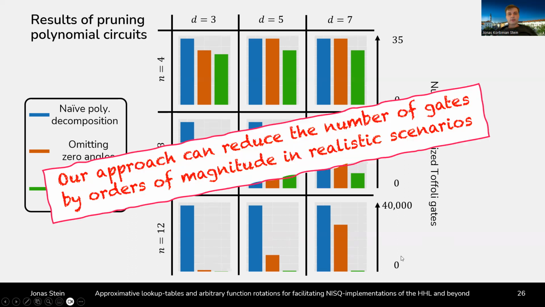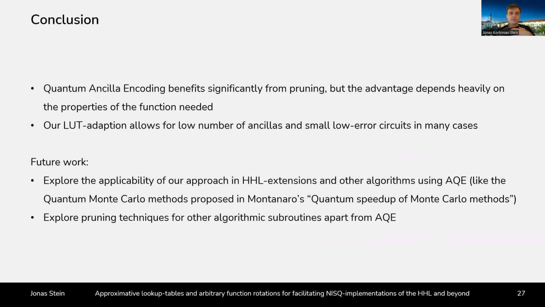So really orders of magnitude better. And that's really realistic scenarios, like 12 qubits. That's definitely something that we can imagine going into NISQ or early fault-tolerant quantum computing.